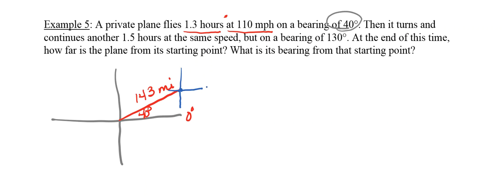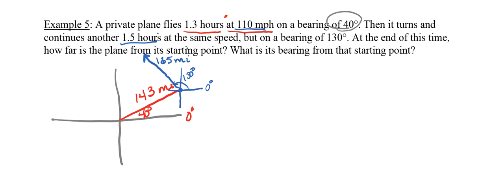If I keep this at 0, and I'm traveling 130, I'm going in this direction now, and I'm going at a bearing of 130 degrees. And I'm going for 1.5 hours at 110, so I'm going to multiply those. 1.5 times 110 says that I've traveled for 165 miles.